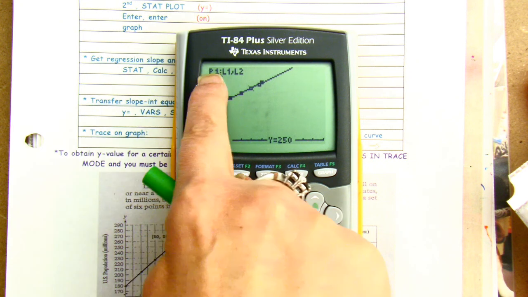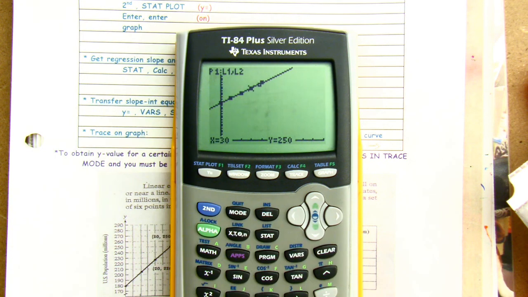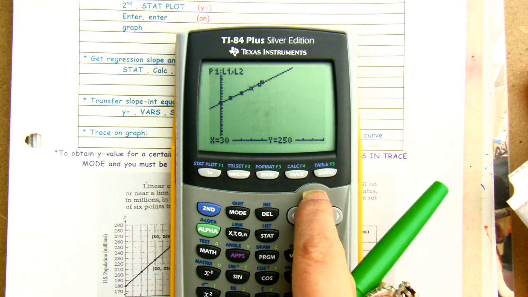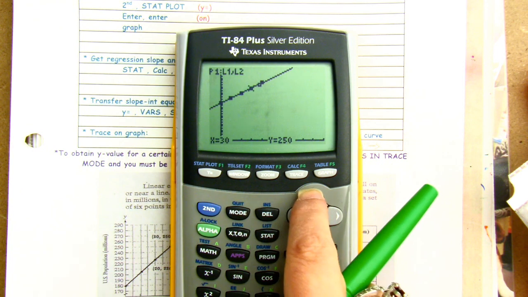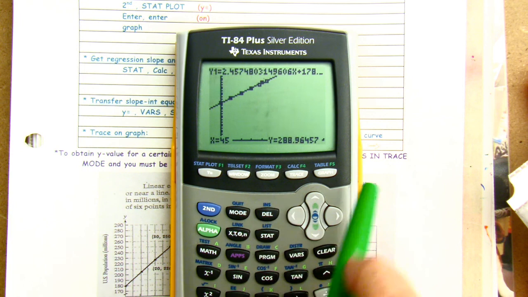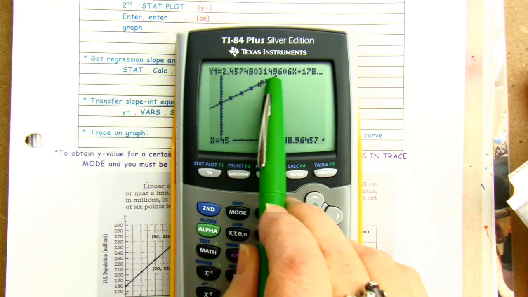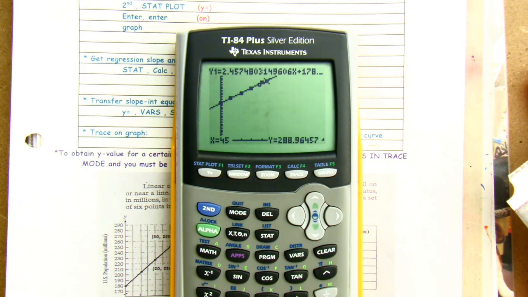Plot 1, list 1, and list 2. I'm going to choose the up arrow and push it one time, and when I do that, it's switching the curve or switching where it's tracing on. Now I'm tracing on the line of best fit, all right? I'm tracing on the y equals line.